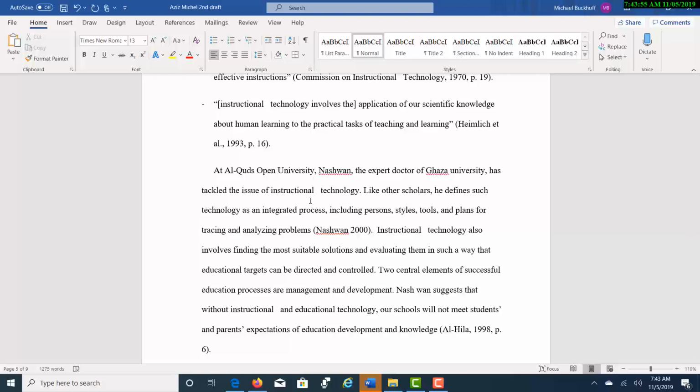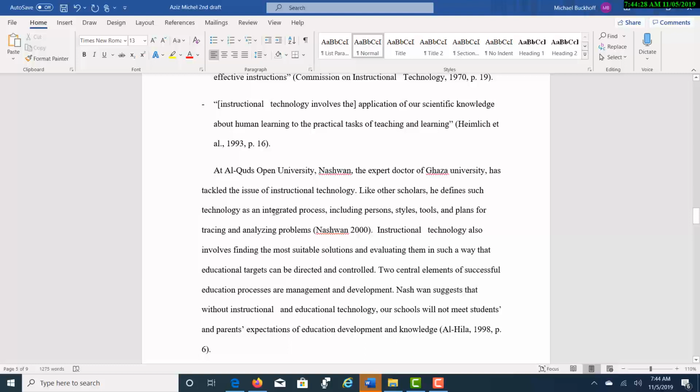You're saying at this university, and Nashwan, the expert doctor of Gaza, which one is it here? That's kind of confusing me. He can't be at both, can he? Or maybe he is. I don't know. Sounds like you're saying that Nashwan is both a professor at this university and at Gaza University. Is that your meaning?